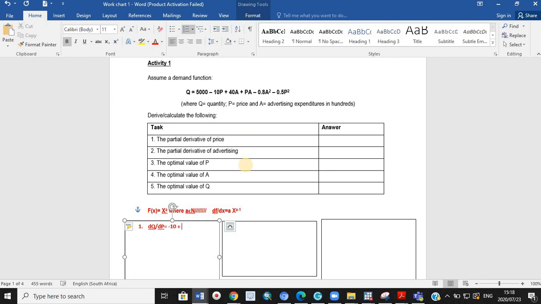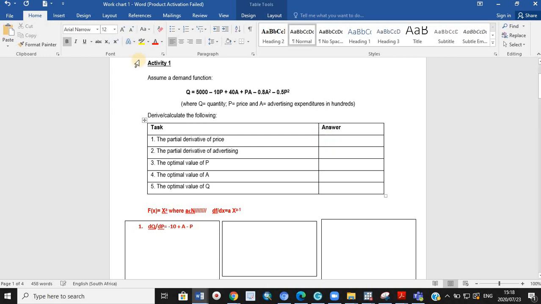The third one is going to be plus a. The same rule applies here. Minus this one is 0, minus p, because if we bring the two to multiply 0.5, it is basically 1.